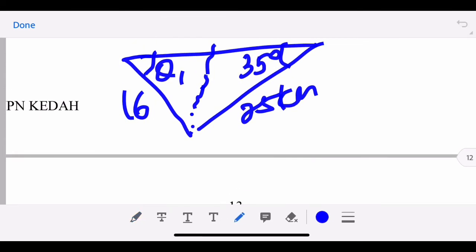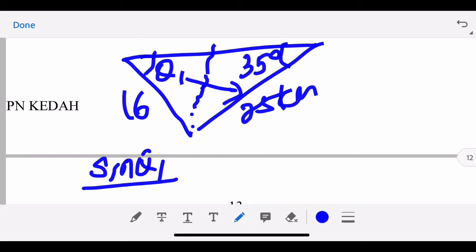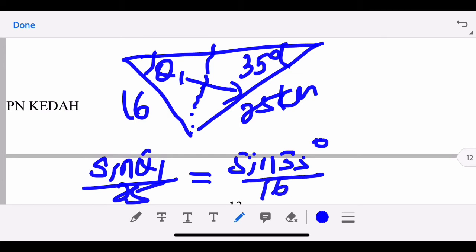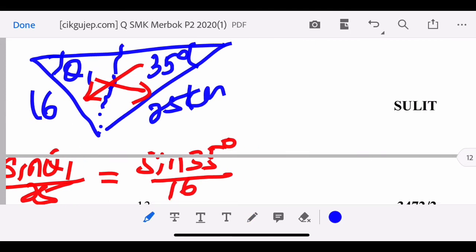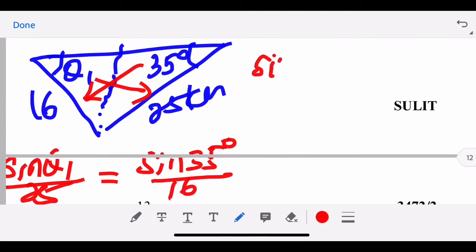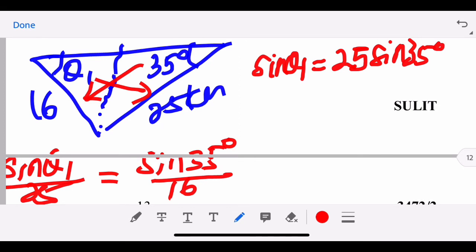So I'm going to find that angle. Sine theta 1 over 25 is equal to sine 35 over 16. Okay, this is 35. Clear? Understand? This is the sine rule. So if you solve, sine theta 1 is actually 25 sine 35 degree over 16.